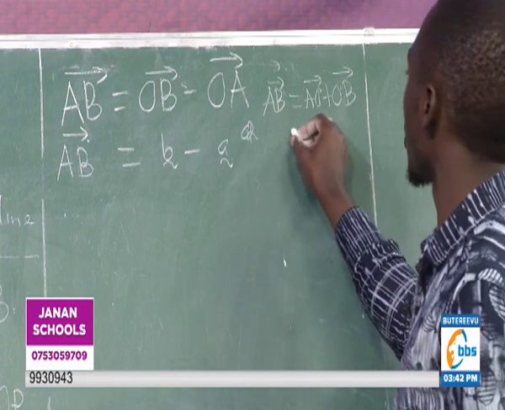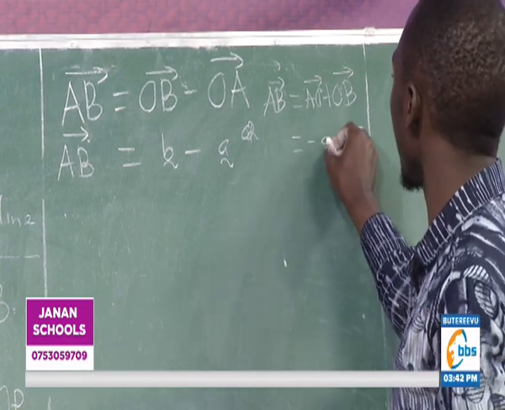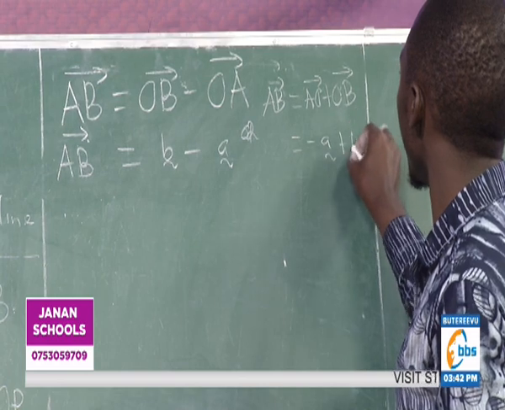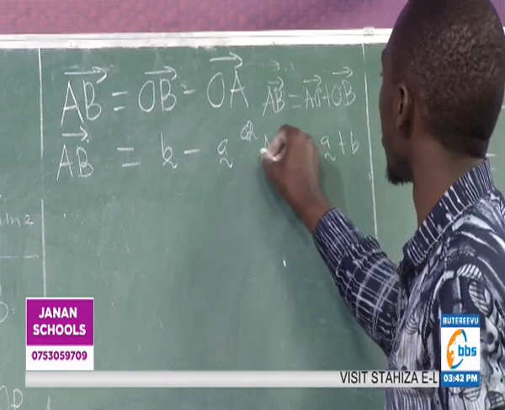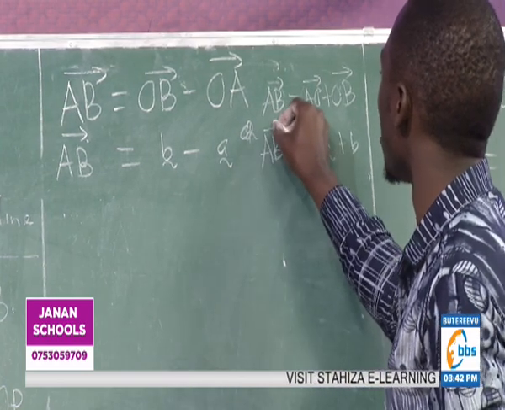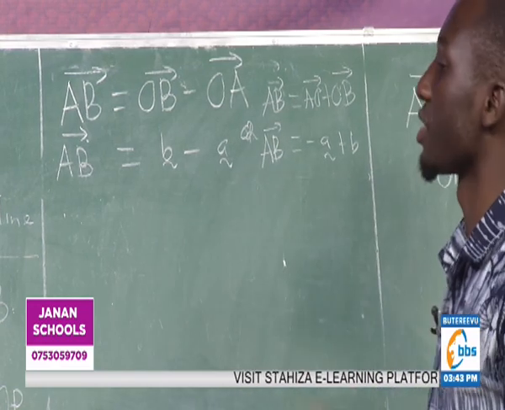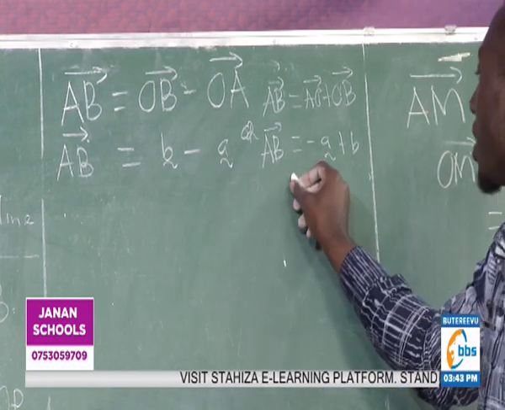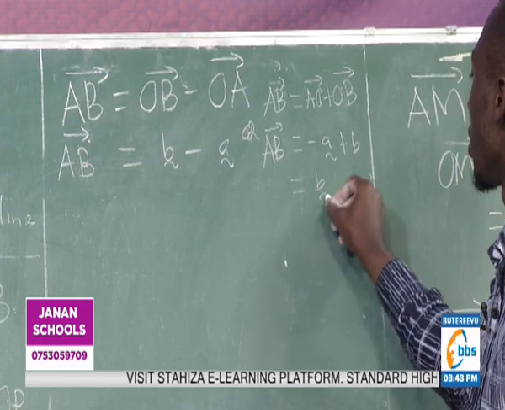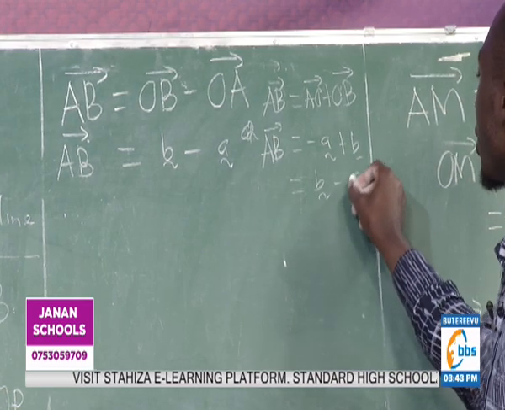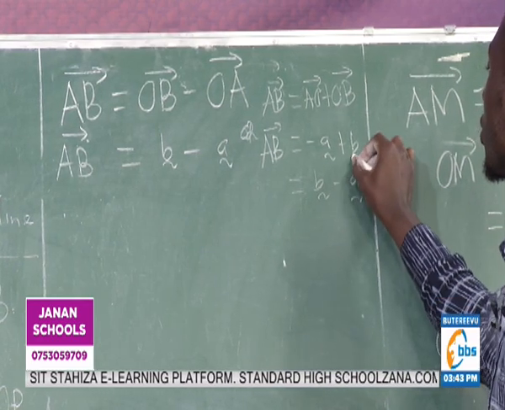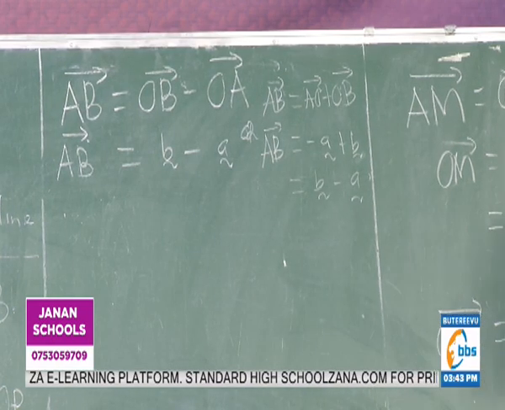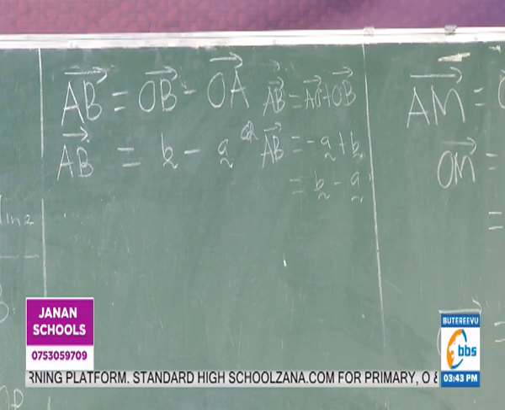So this becomes negative A plus B. That will still be my AB. So look at this and this, they're the same. Or you can organize it and say it's going to be B minus A. So still it is the same thing, and we end up getting the same answers.